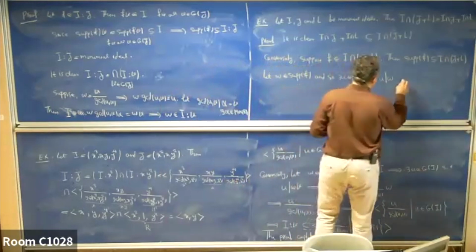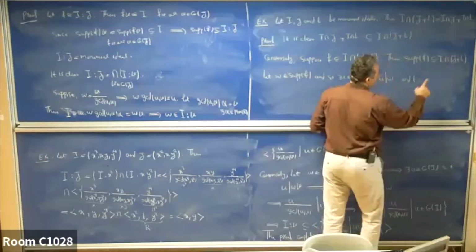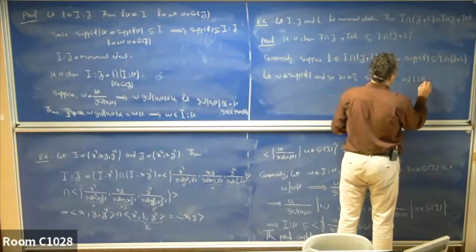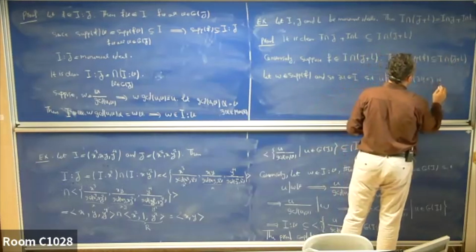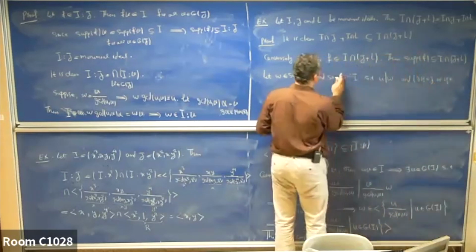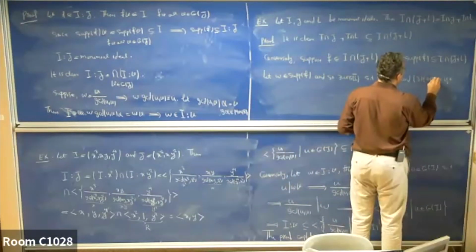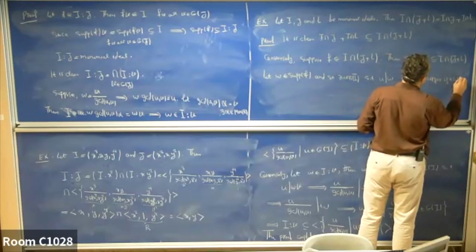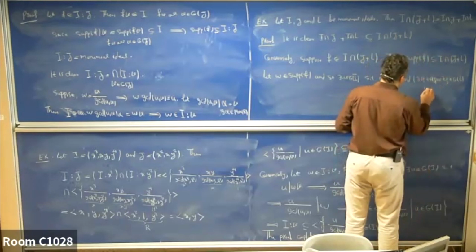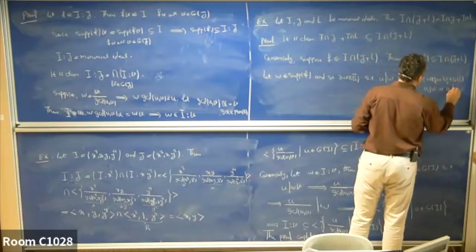And also omega is in this summand, so there exists v1 in J, or v2 in L, these being the monomials, such that v1 divides omega, or v2 divides omega.